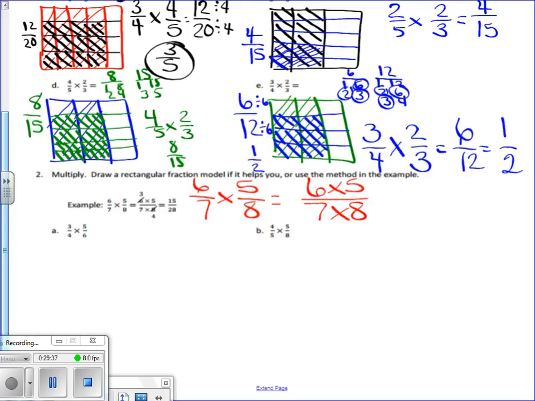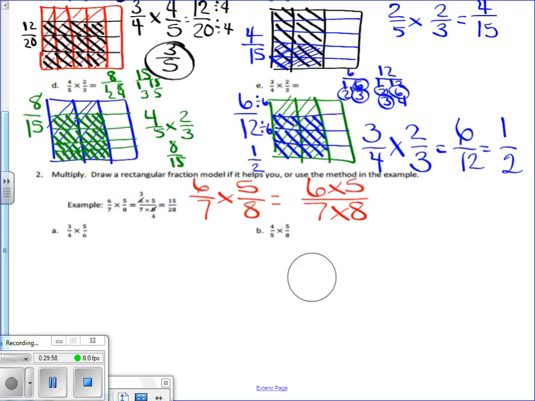Jeremy is saying 2. Now, 6 and 8, they can both be made smaller by 2. If I had a fraction and I ended up with 6/8, wouldn't I say that can be simplified? Yes.